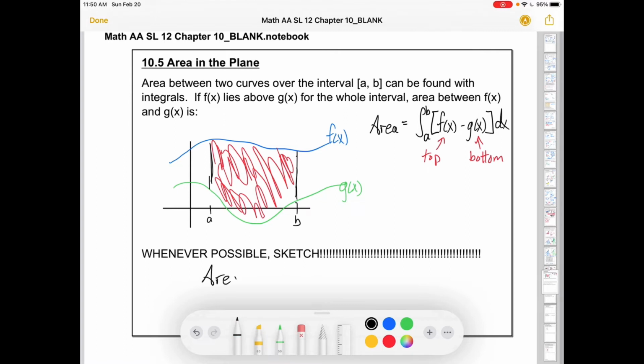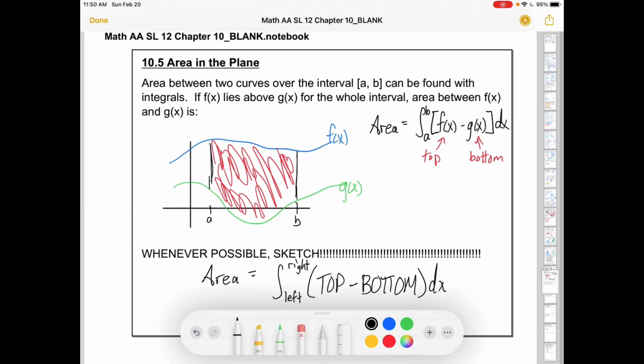Here's the way that I think of it. I think of it as area is the integral from the left bound to the right bound of the top function minus the bottom function. And if I keep that straight in my head, then typically these questions go well.